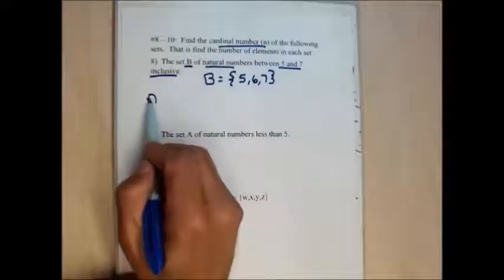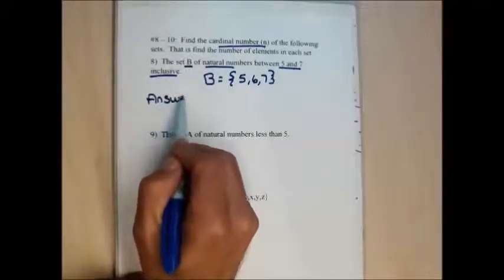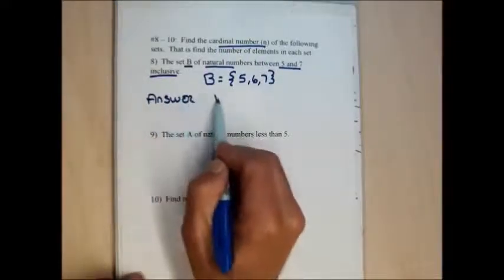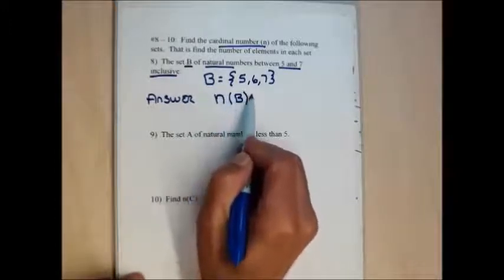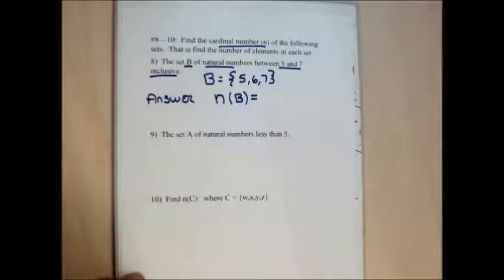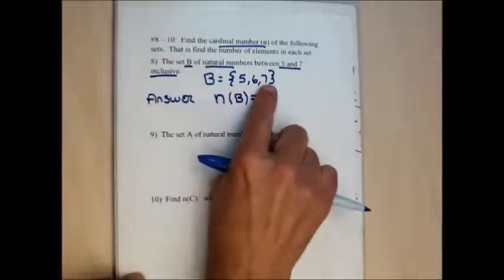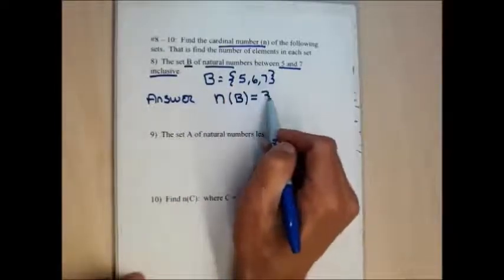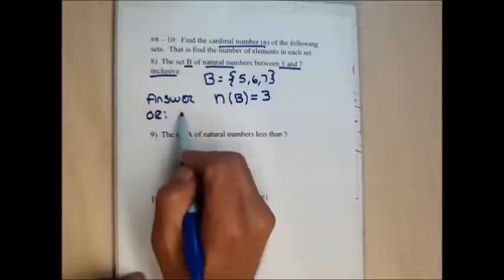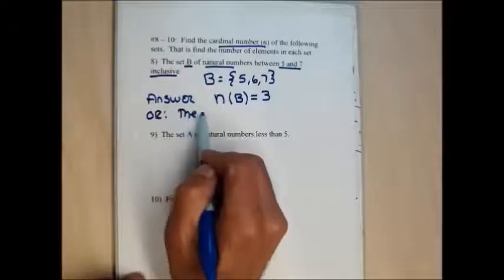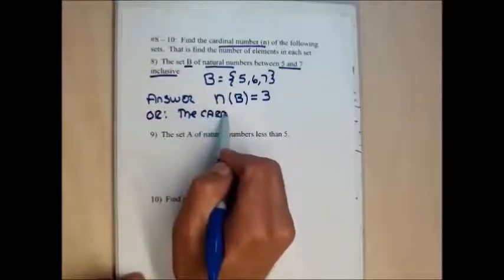And when I go to write my answer, a slick way to write my answer would be the small lowercase n followed by parentheses with the set name and then an equal sign, and then the number of elements in that set would go after the equal sign. There's 3 elements in that set, and that would be fine. Another way to write the answer, you can say the cardinal number of set B is 3.